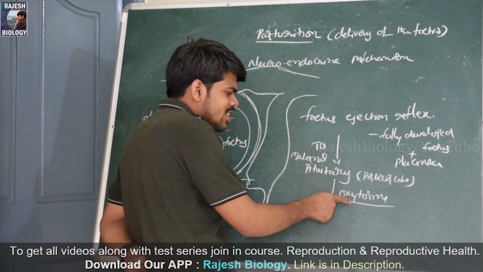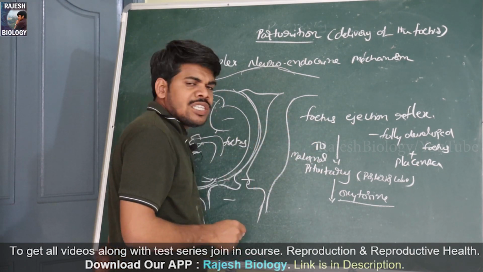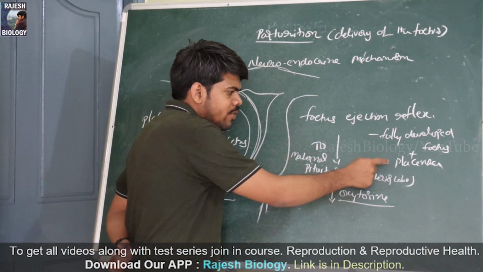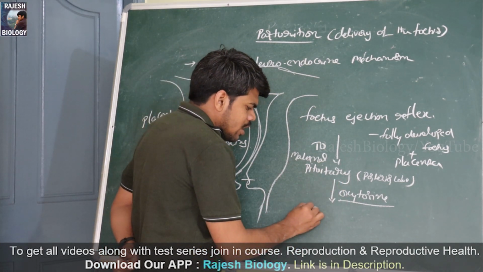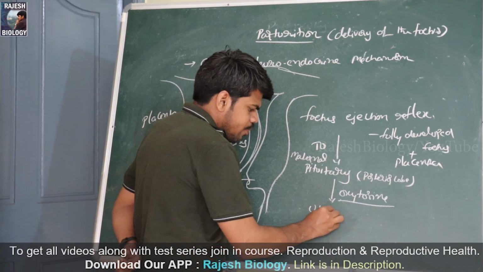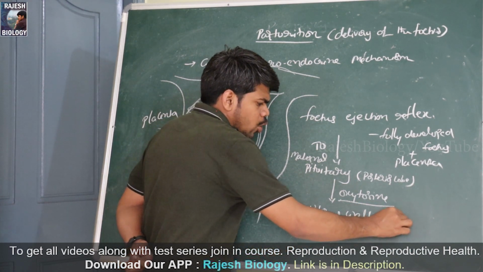That oxytocin is released by the pituitary gland on receiving the fetus ejection reflex from the fully developed fetus and placenta. What will it do? This oxytocin works on the uterus wall, particularly the myometrium.